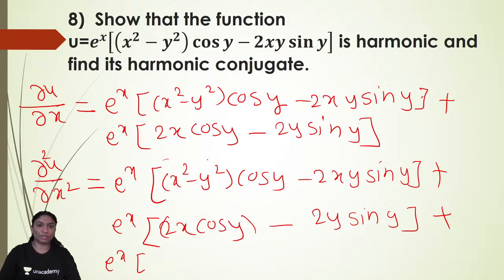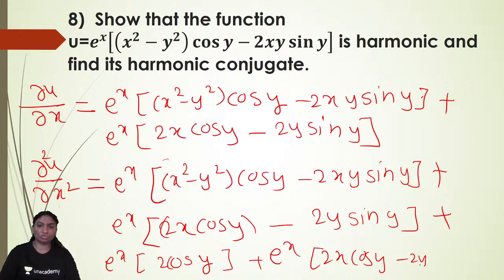First into derivative of second, 2 cos y minus 0, plus second into derivative of first, e raised to x into bracket 2x, 2y sin y. Okay, so this is your dabba square u by dabba x square.